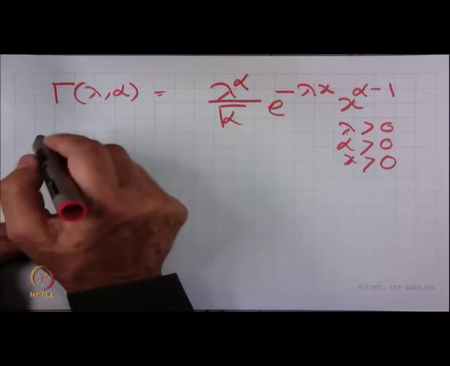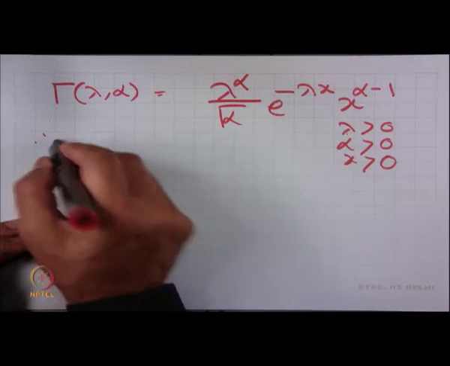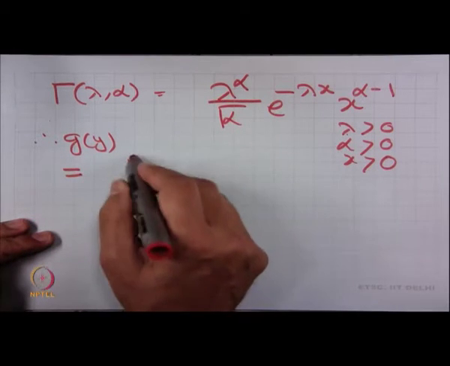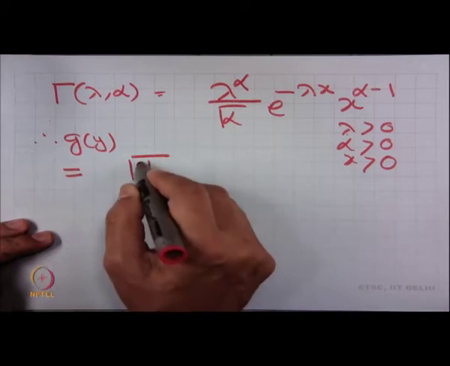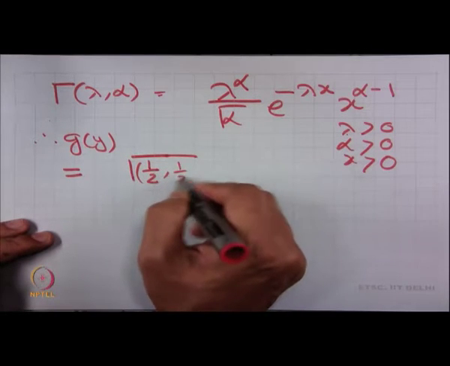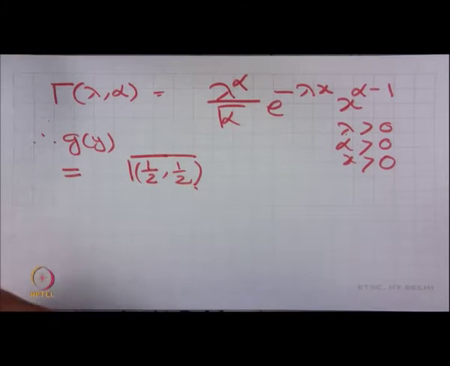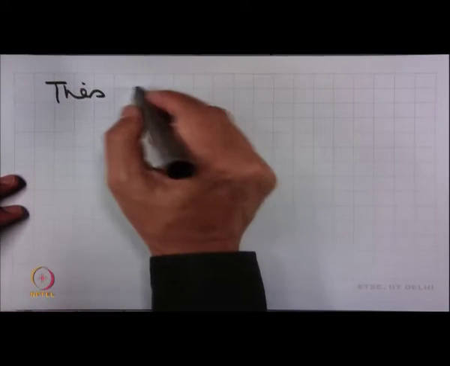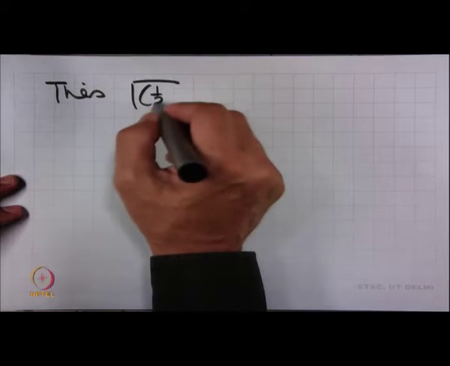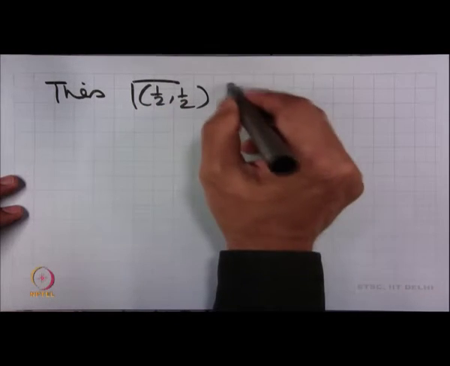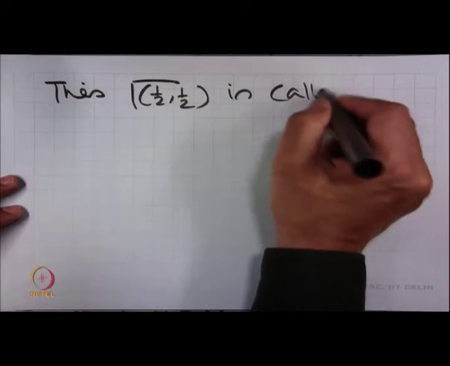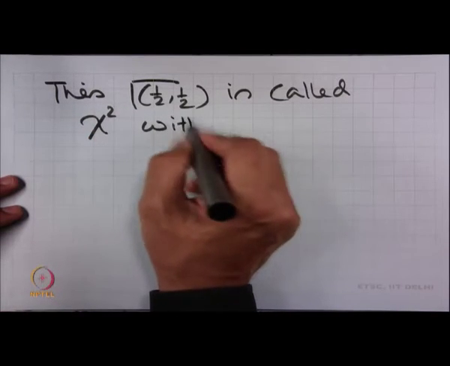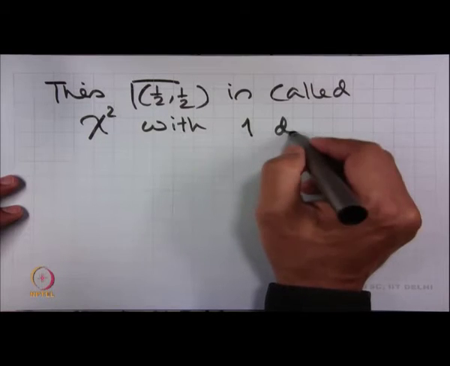Therefore, we can say Y is equal to actually gamma(1/2, 1/2). This gamma(1/2, 1/2) is called chi-square with 1 degree of freedom.